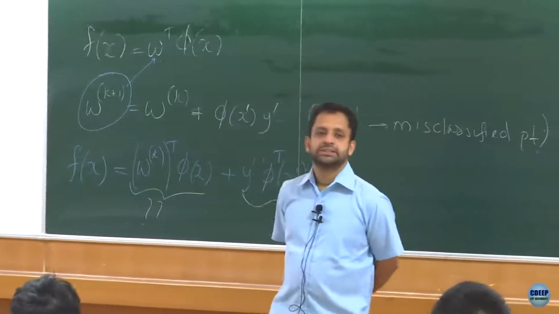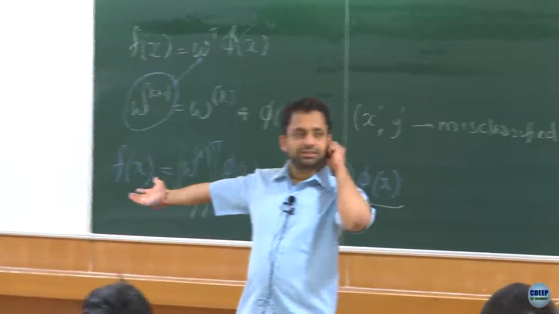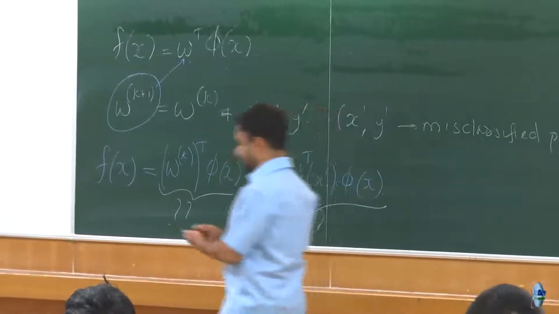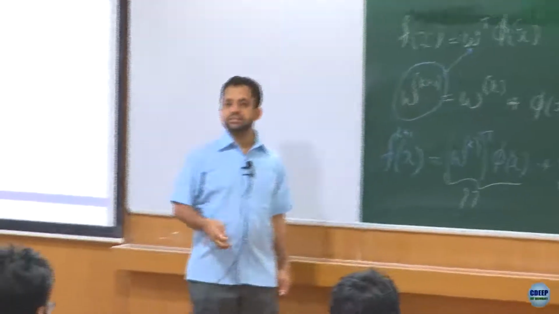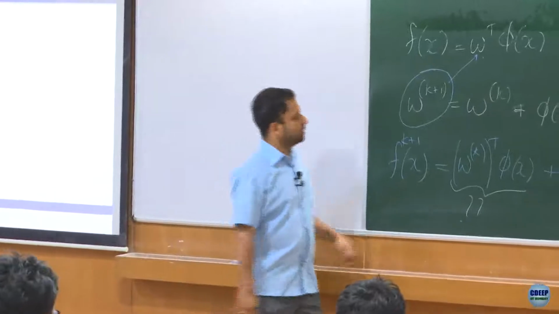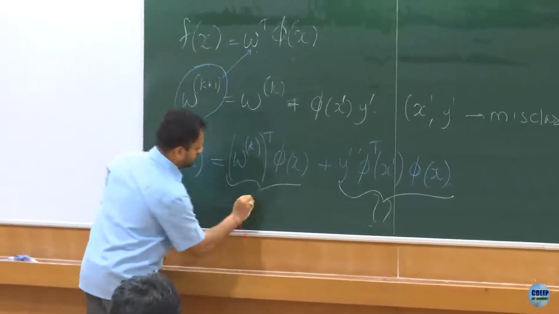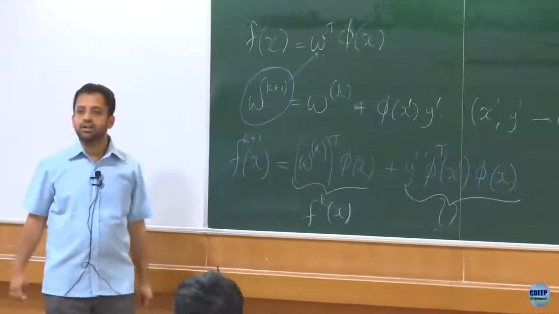What's the first component? So let's give this an index. This is f_{k+1}, meaning one that has been updated. This is f_k. And what about the second component?